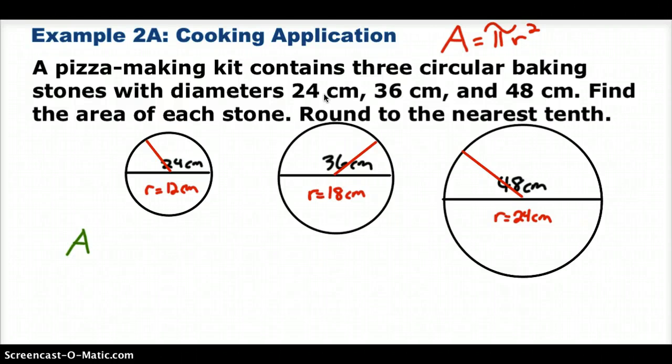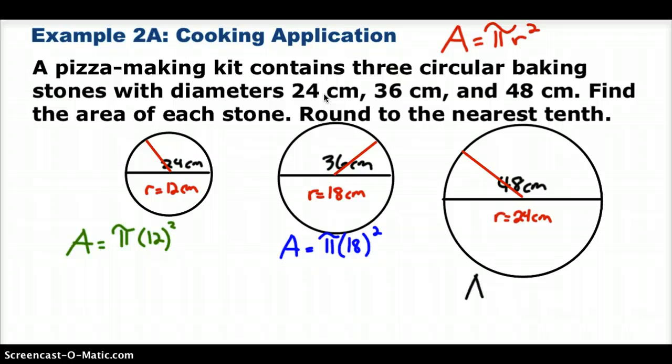So for this first one, the area will be equal to pi times 12 squared. On this next one, we're going to set up the area will be equal to pi times 18 squared. And on the very last one, we'll get that the area will be equal to pi times 24 squared.